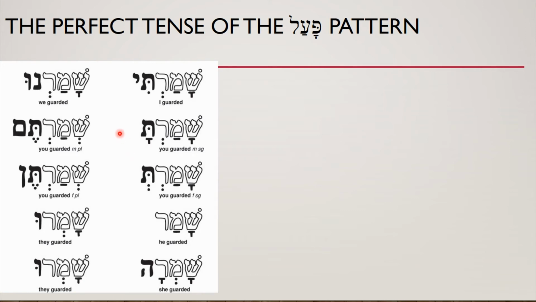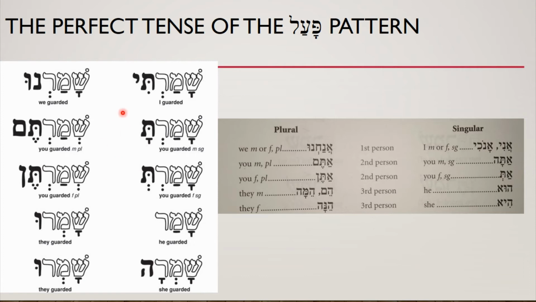Before I go in depth with this, which I'm really not going to, I just want to bring back the subject pronoun chart, because you'll notice here that the endings of the subject pronouns mirror the endings of the verb forms. So for instance, the first person common singular verb form of shamar in the Pa'al pattern perfect tense is shamarti, which has the same ending as the subject pronoun for first person common singular, that hirik yod ending, so that E sound.